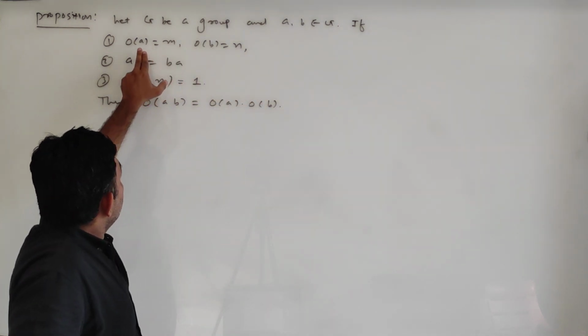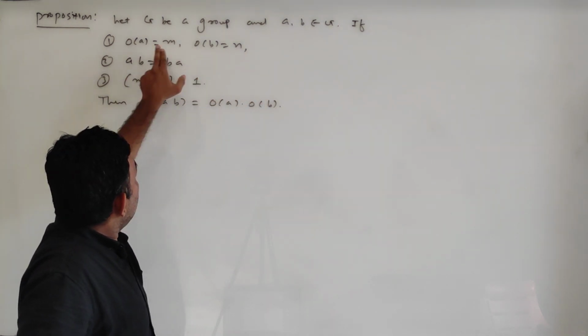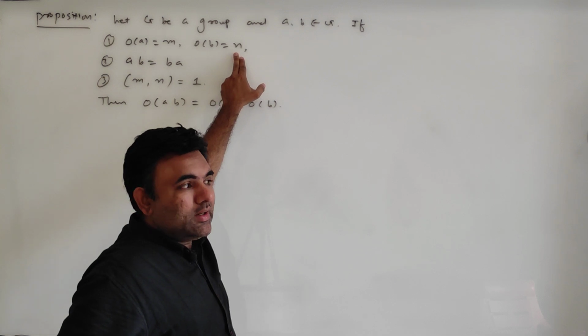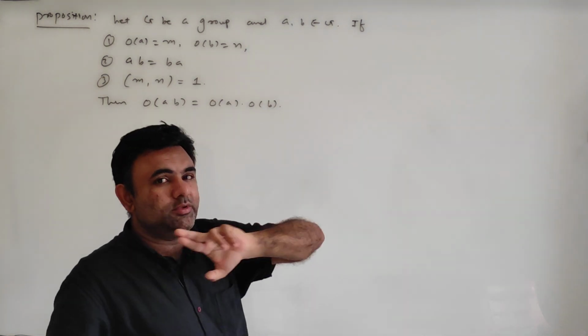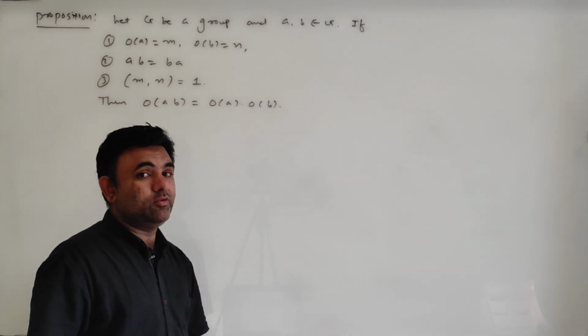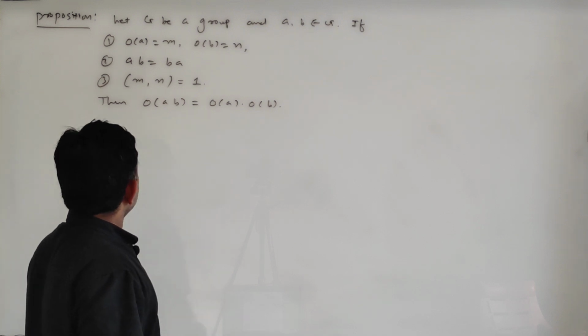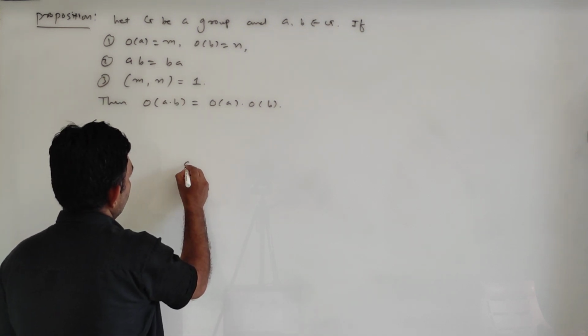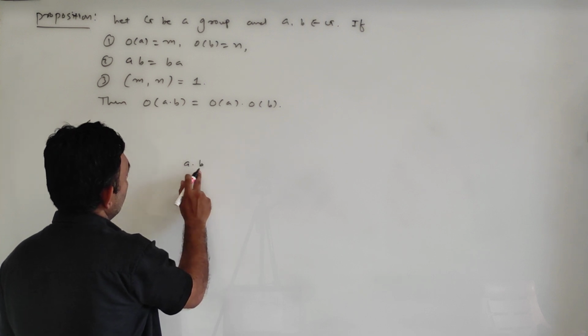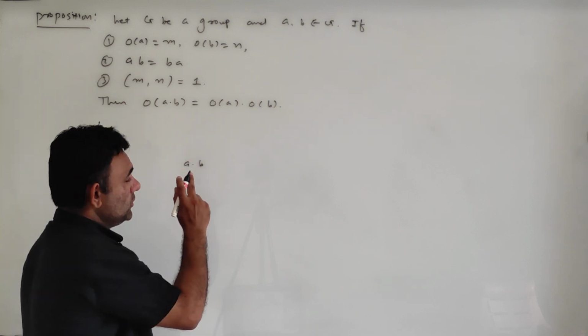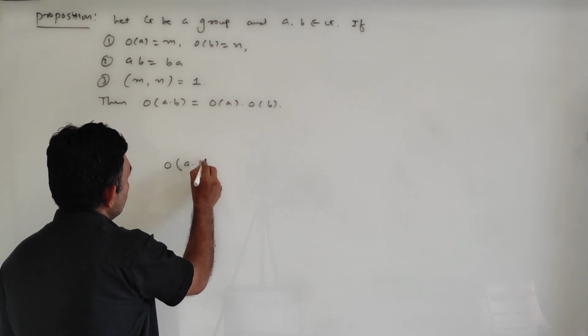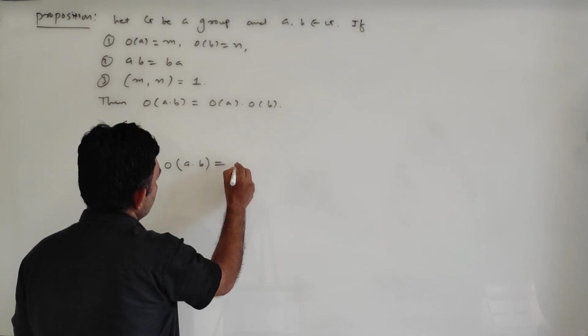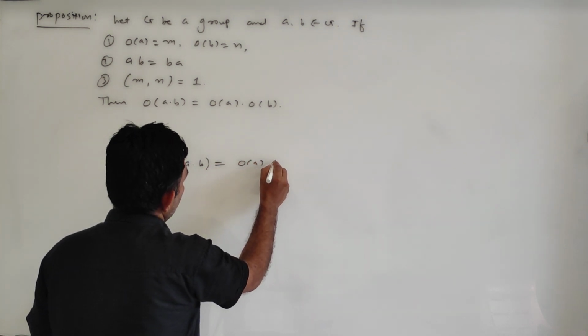If order of a and order of b are m and n respectively, both the elements are of finite order. Now look at ab. It is also an element of the group, so we can talk about its order.